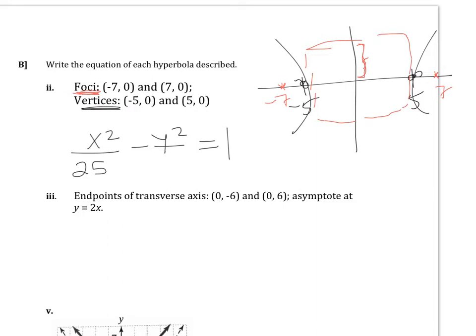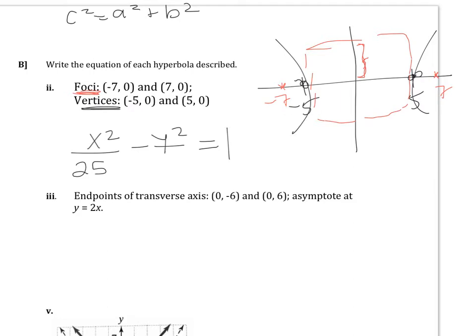We can't just guess. So these foci must come into play here. Keep in mind we have this formula, c squared equals a squared plus b squared. And in this case, we know what a squared is. That's 25. We figured that out already. We could also figure out what c squared is because c is the distance from the center to a focus.